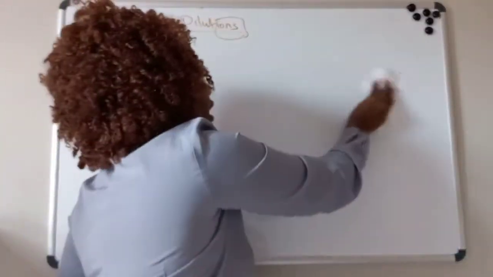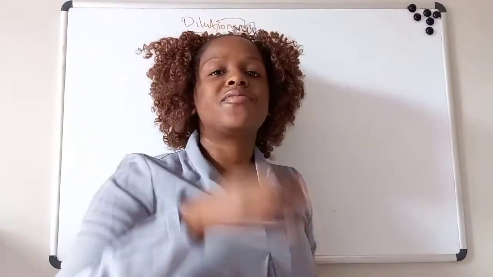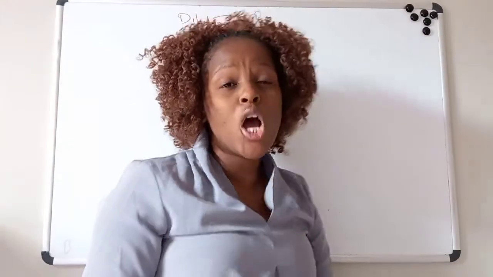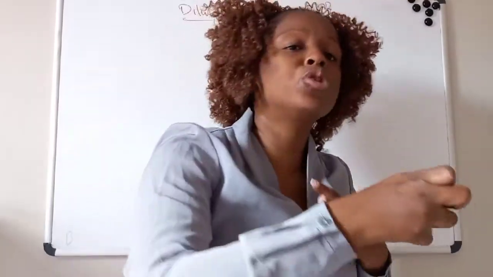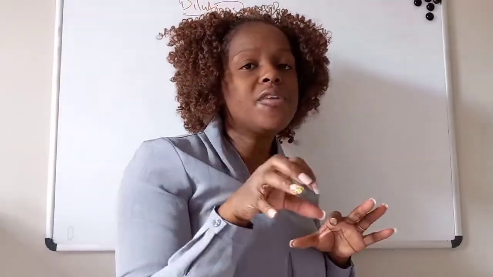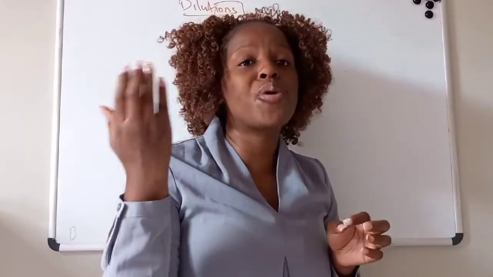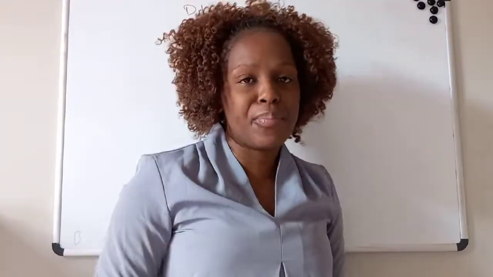When it comes to dilutions in the laboratory, it's very important to know how to get a dilution factor, because like I said, we will do this dilution if the result is above the measuring range. But mind you, when you run a diluted sample on a machine, the result that you get from the machine is not the result that is in the patient.